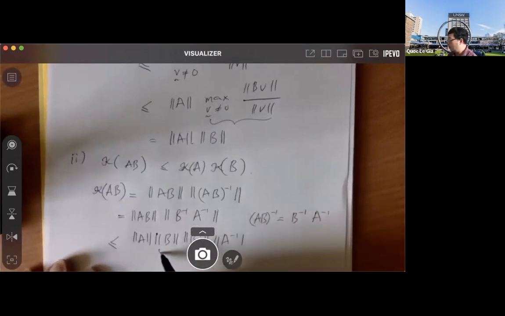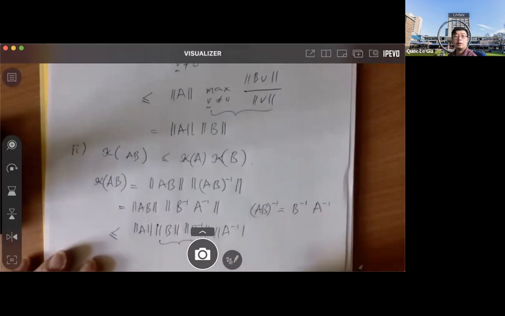And now, what is the norm of B times the norm of B inverse? No, it's not 1.